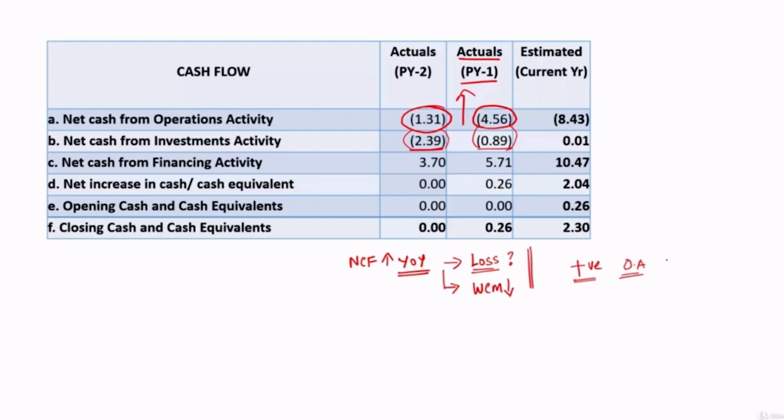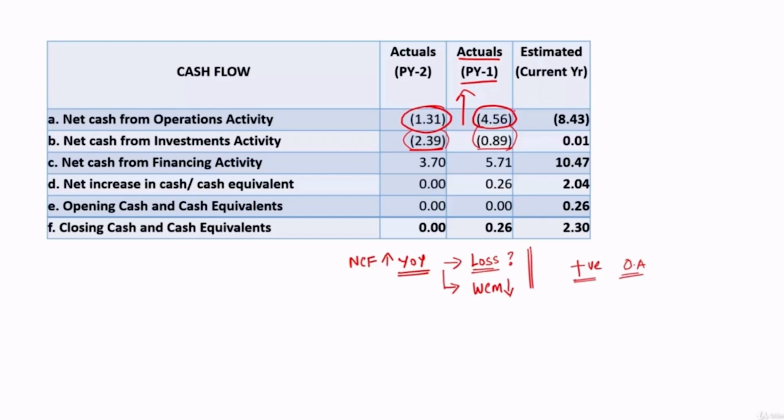Just think of a scenario where you are running a business, and if you want to sustain it, you are always dependent on either bank funds or additional infusion of funds from the owners. That's not a good sign, right? Your business should be able to stand on its own, and that is possible only when it has positive cash flows. Some negative cash flows are fine, and that can be managed, but not a year on year increase in negative cash flows. Then it indicates something has to be really looked into.